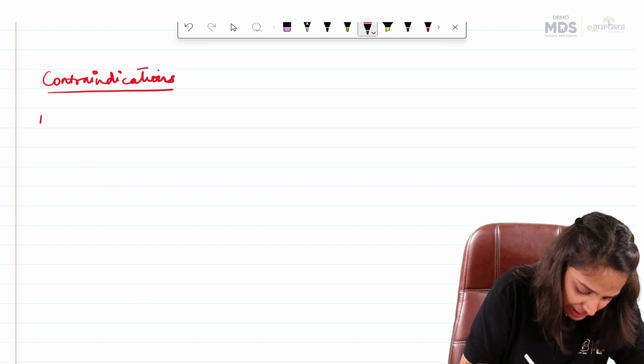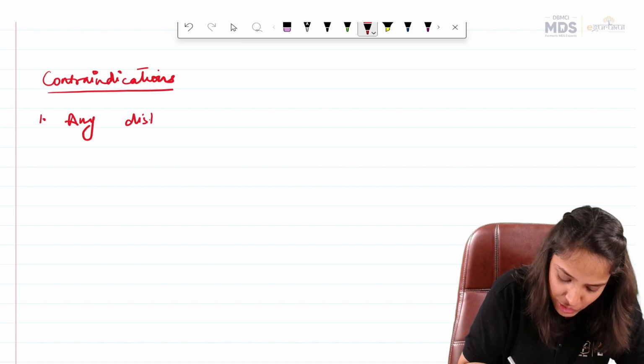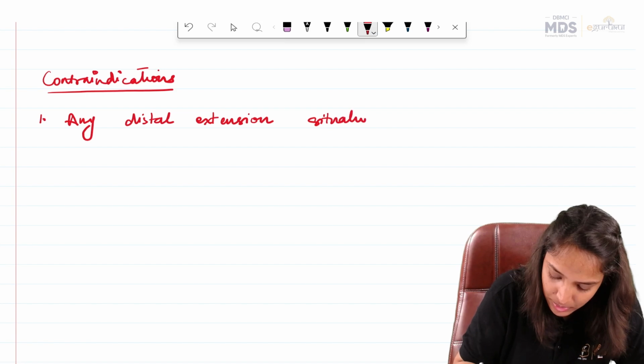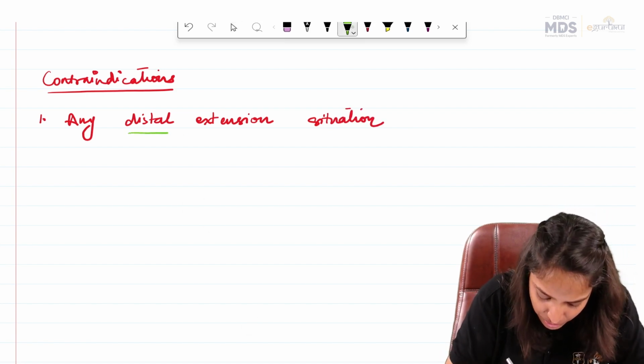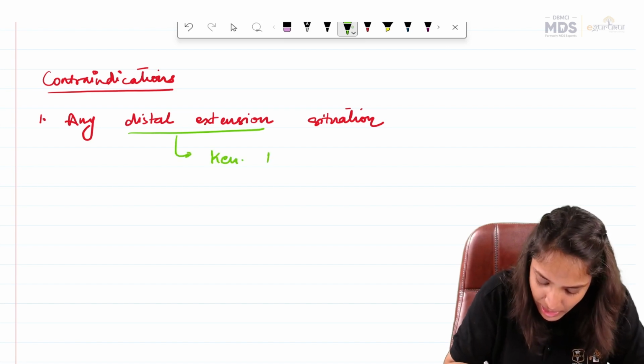The first contraindication is any distal extension situation. So from distal extension, we mean Kennedy class 1 and Kennedy class 2.